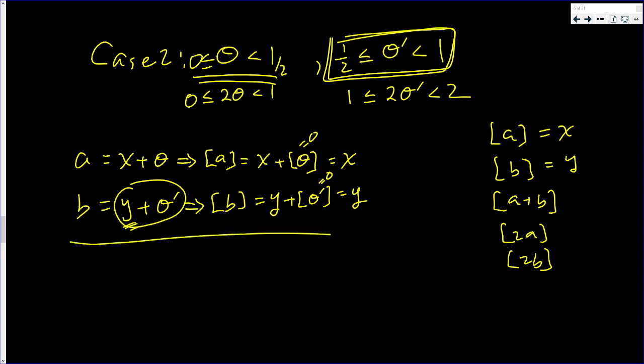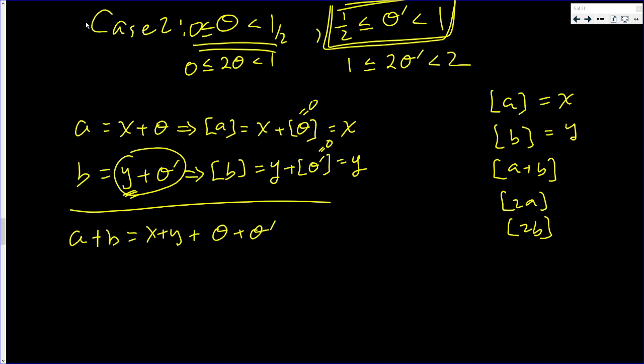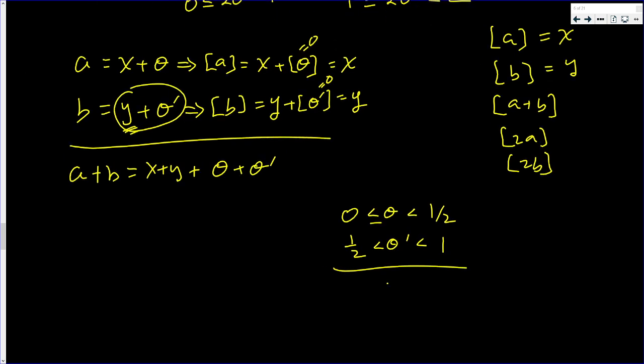Now, let's add them. A plus b is equal to x plus y plus theta plus theta prime. Well, let's be careful here. We know that theta is in between 0 and a half, and we know that theta prime is in between a half and 1. So if you add them, you get the following.